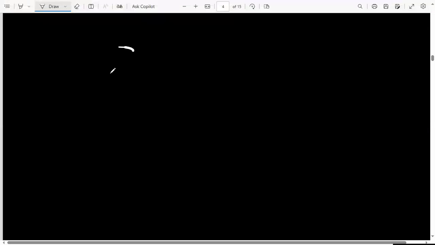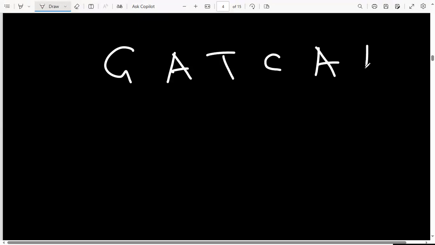So we have G, A, T, C, and then AA. We want to find the complementary strand for this. What are we going to be doing? We're just going to be pairing them. So the G goes with the C, the A with the T, the C with the G, just like that.